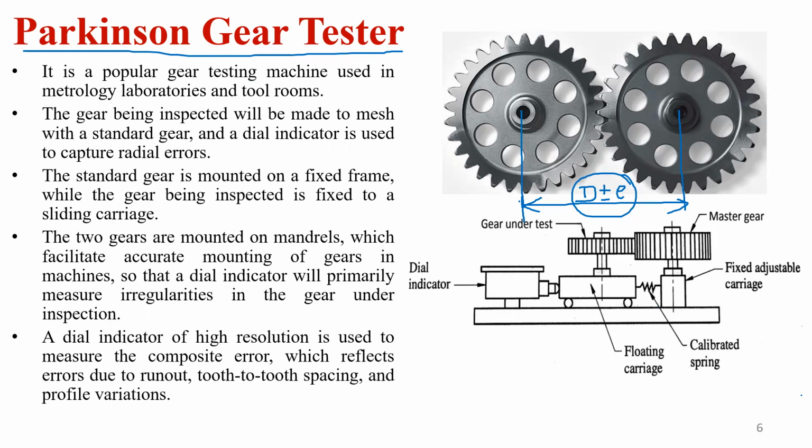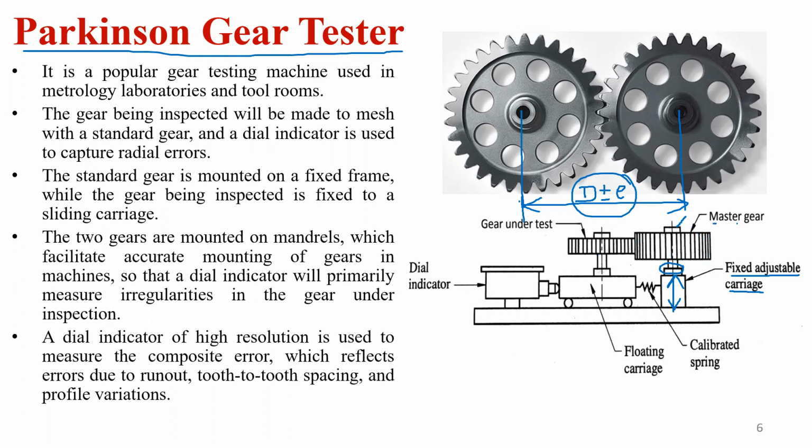This Parkinson gear tester consists of a fixed and an adjustable carriage. This part of the carriage is fixed, and at this portion we can adjust the distance in order to accommodate different sizes of gears. This is the mandrel, on which we place the master gear.